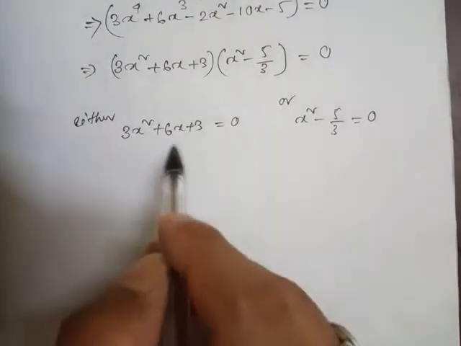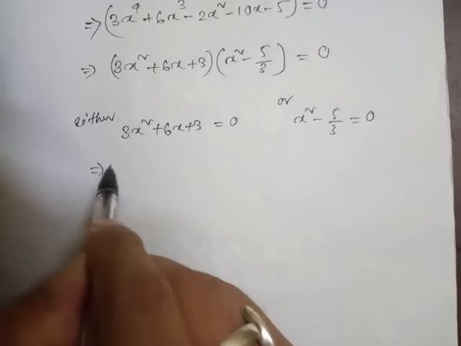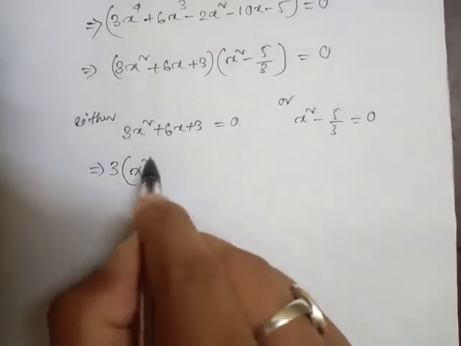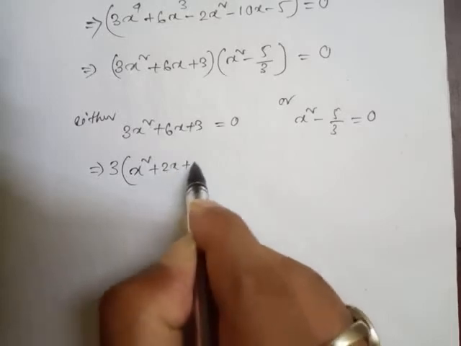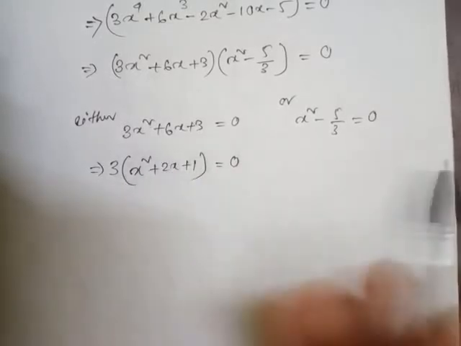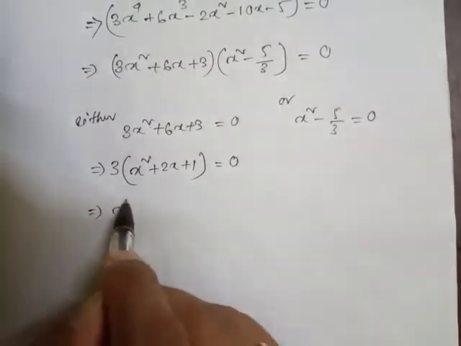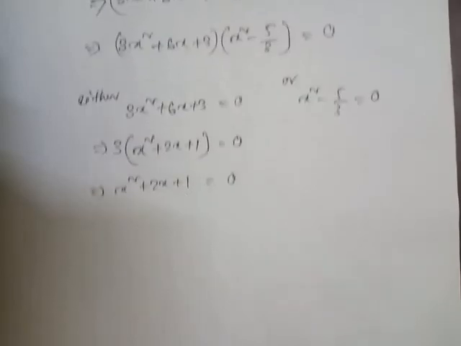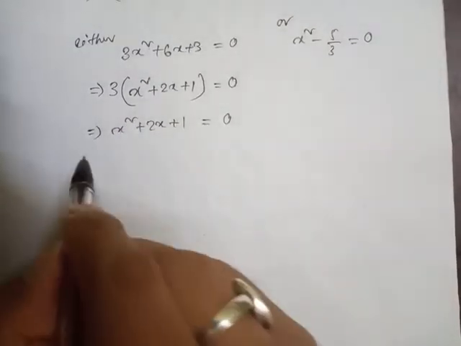Now look here student, if I take 3 common from here, it will be much easier for solving. Look here, then x square, and there is only 2x, then 1 equals 0. 3x square, 3 into 6, and okay, now look in the next step, x square plus 2x plus 1 equals 0. And if I go for solving this one by middle term, it will be much easier.